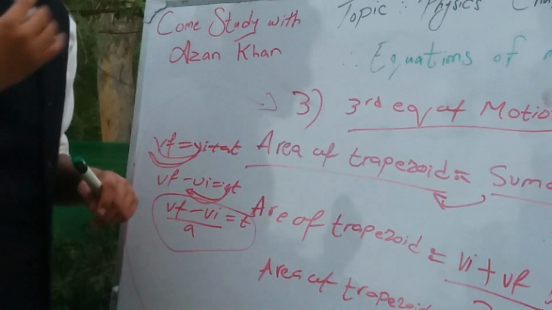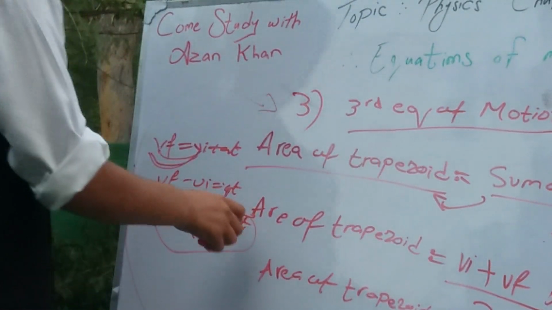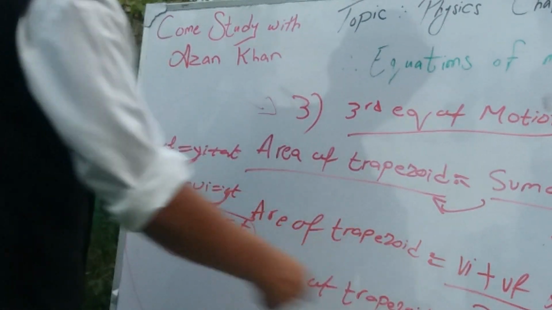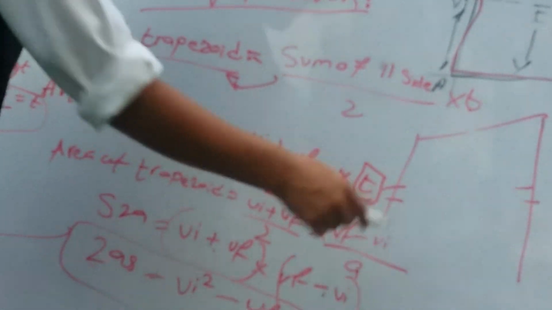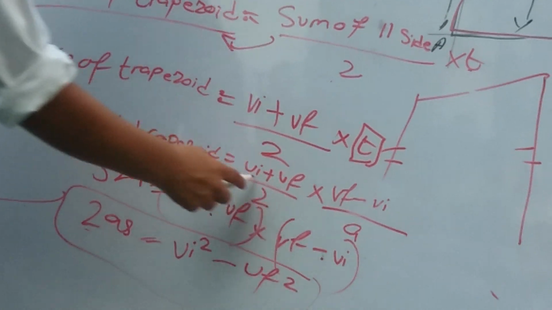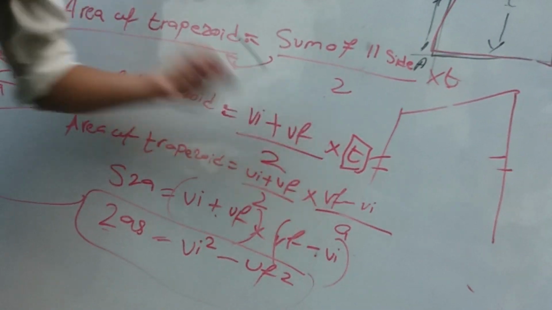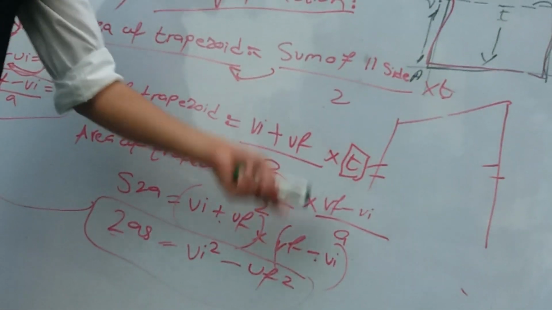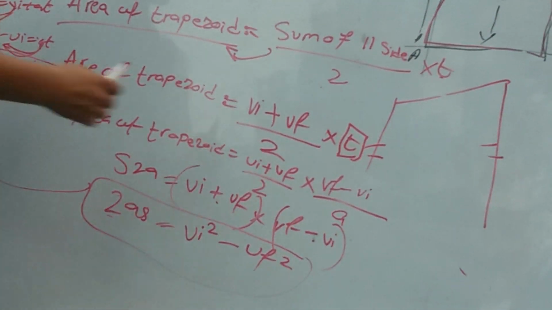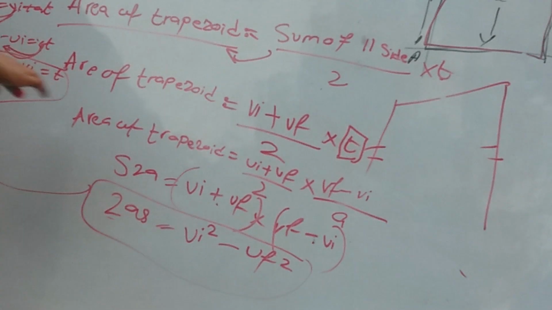So t is equal to Vf minus Vi divided by a. So t has also been found. So the area of the trapezoid is Vi plus Vf divided by 2, multiplied by t, which is Vf minus Vi divided by a. Now we write the whole thing with s.